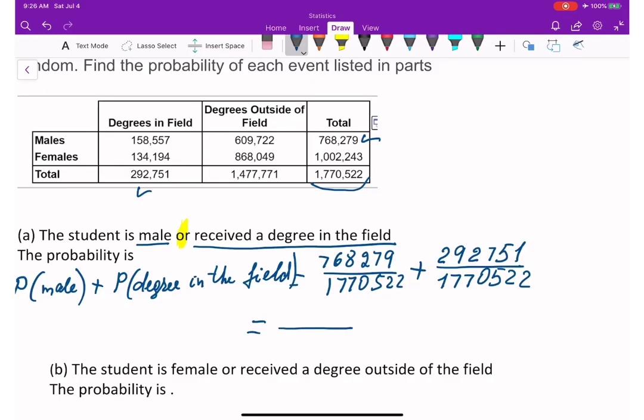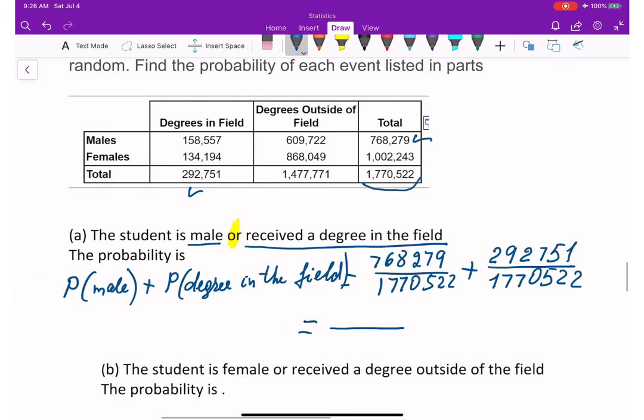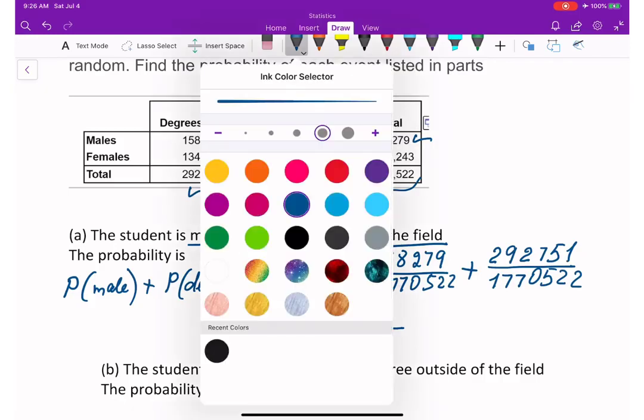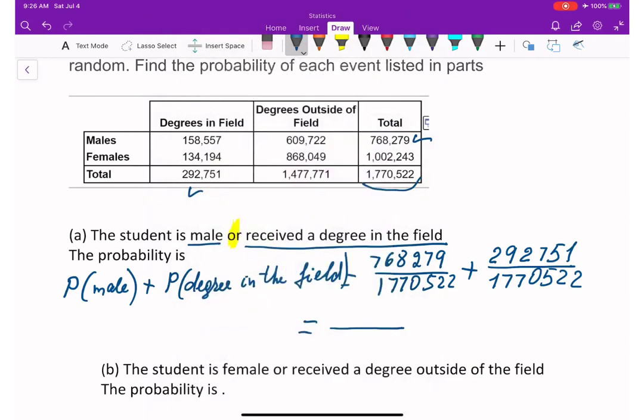Here is an interesting thing we are getting. Let me explain. Let me use this one. So male total 768, I'm going to circle like this, the whole entire row.